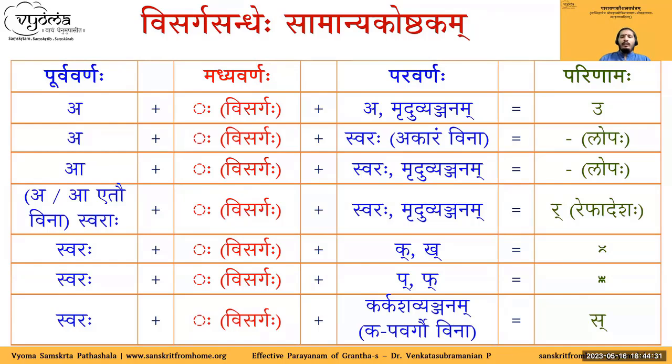But practically, it is not possible. If we have sha, sa, or ha, we will not get jashtva. One of the reasons is, if we have sakara, we get the visarga sandhi and not jashtva sandhi. Similarly, there are other aspects for hakara, shakara. But let us not get into it.